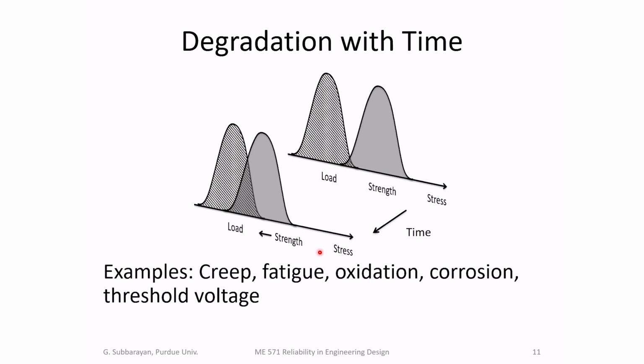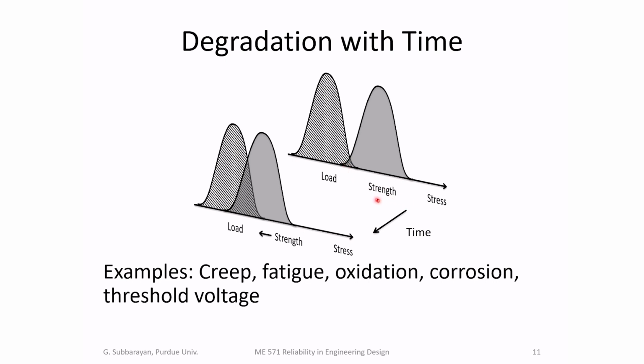The other point that I mentioned previously was the degradation of strength with time. Initially, load and strength might have this sort of distribution with this population at risk, the intersection being a small region here that has products that are at risk.